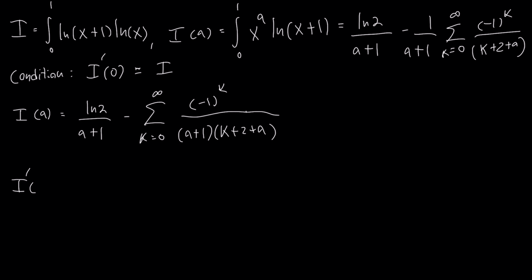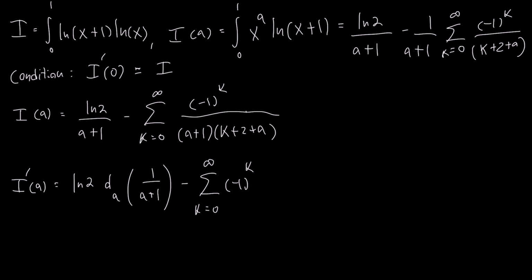So I prime of a will be log 2 and the derivative with respect to a of 1 over a plus 1, and minus the sum from 0 to infinity, negative 1 to the k, and then the derivative with respect to a of 1 over a plus 1 times k plus 2 plus a.